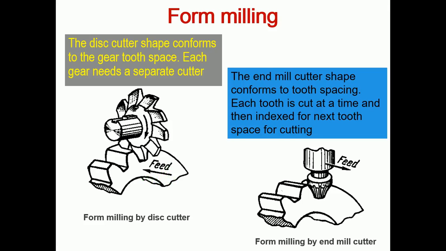And second is by using end milling cutters. The end mill cutter shape conforms to the tooth spacing. Each tooth is cut at a time and then indexed for the next tooth space for cutting. These are the form cutting methods. We can produce form cutters to generate a gear form.